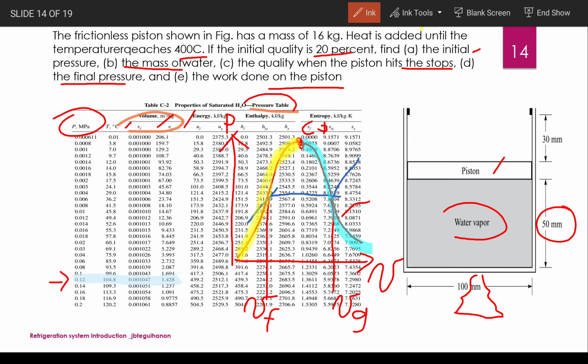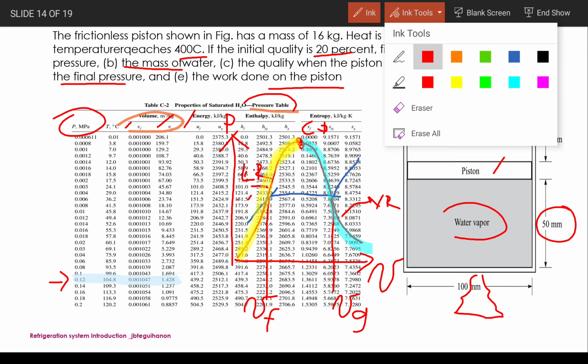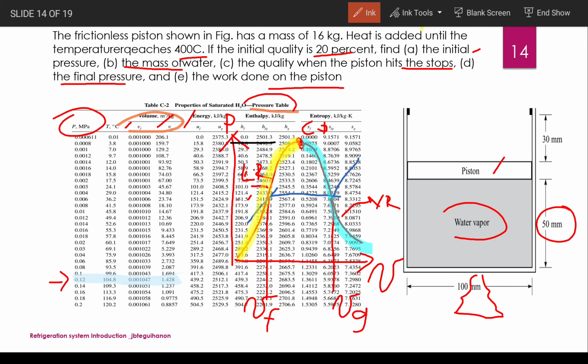Here is the vapor region, VR, and this is the liquid region, LR. And this is what we call the critical pressure, PC. So that's the review.